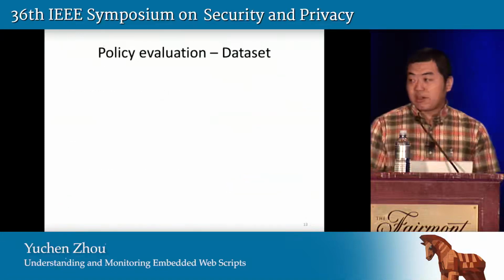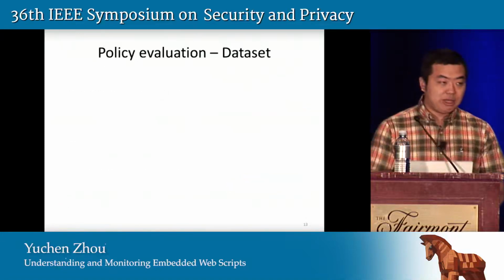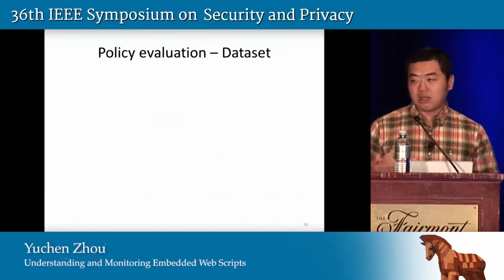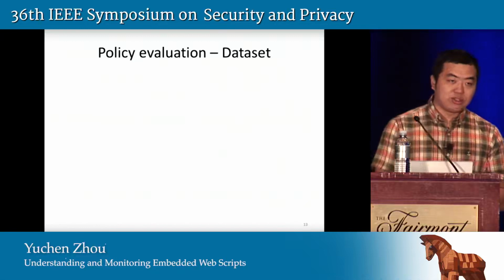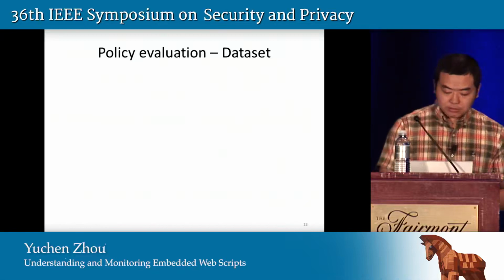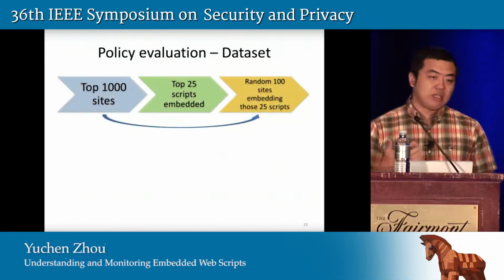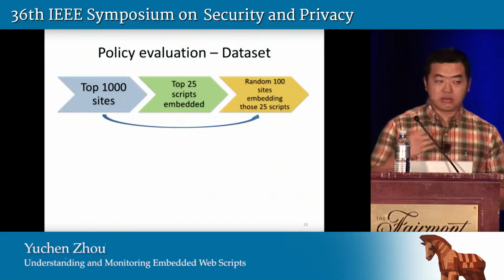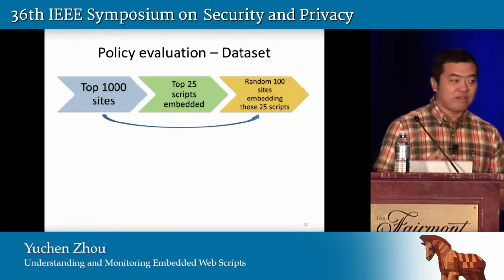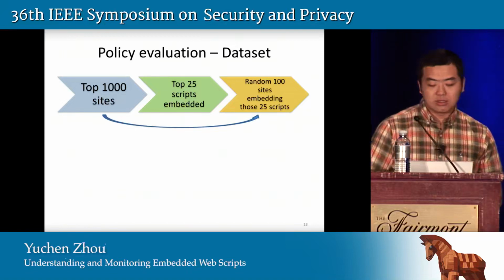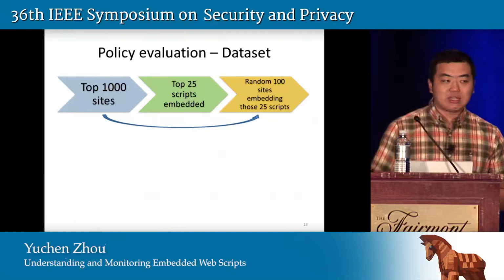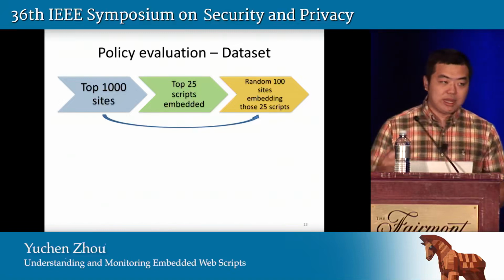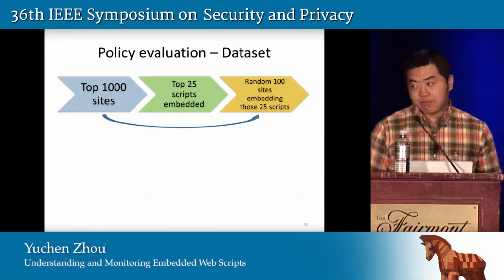Okay, so let's move on to talk about the policy evaluation. So basically how effective are the policies and how much effort the developers will need to make to write these policies. So we took, like I said, the top 1,000 websites, and we crawled these websites and found the 25 most widely embedded scripts. And then we randomly selected 100 sites inside this top 1,000 that embed at least one of these 25 scripts.